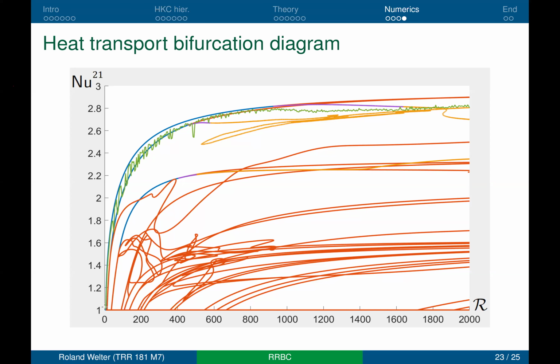So first of all, there are multiple stable values of the Nusselt number, apparently. And the random initial conditions in green seem to be flipping back and forth between the stable values of the Nusselt number.